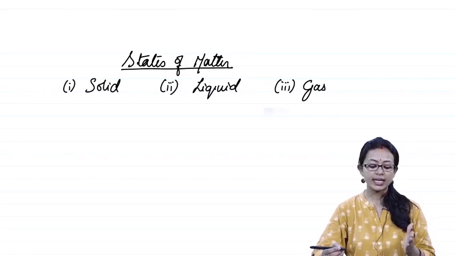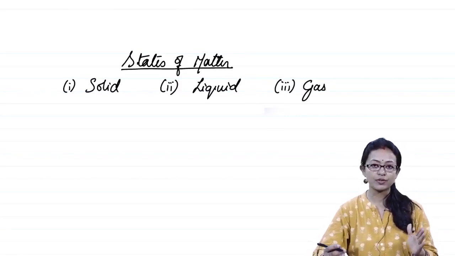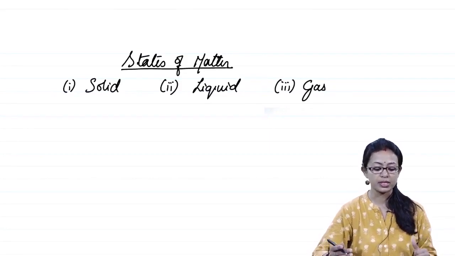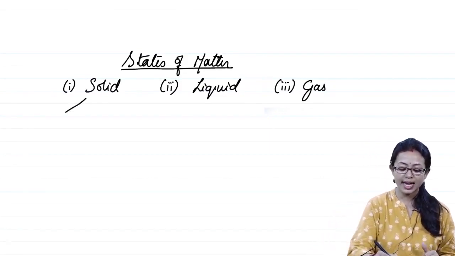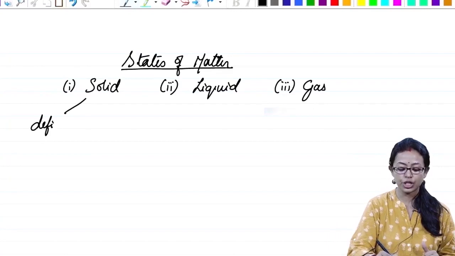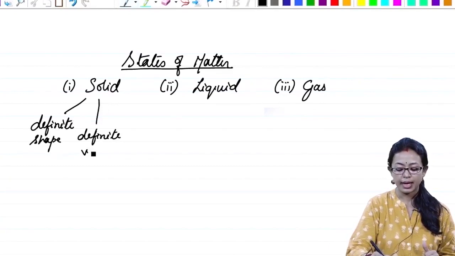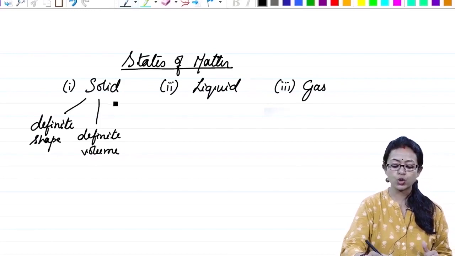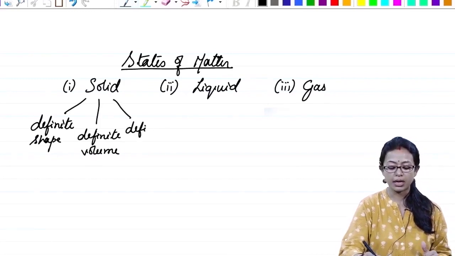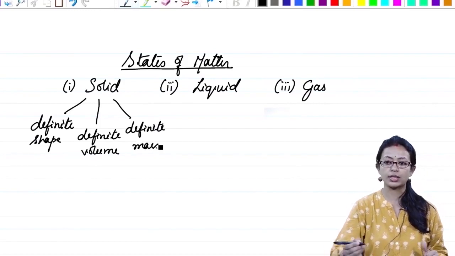Now solid, liquid and gases, when we have to define their characteristics, their properties, we say that solid has definite shape, they have definite volume, and solid also has definite mass. This is our explanation regarding solid.